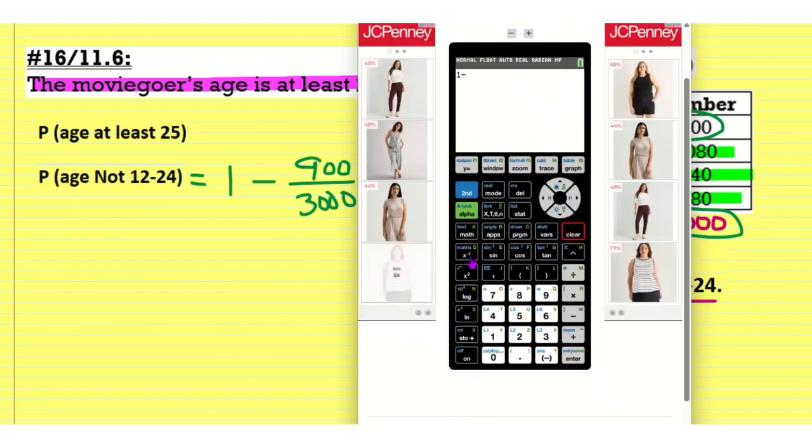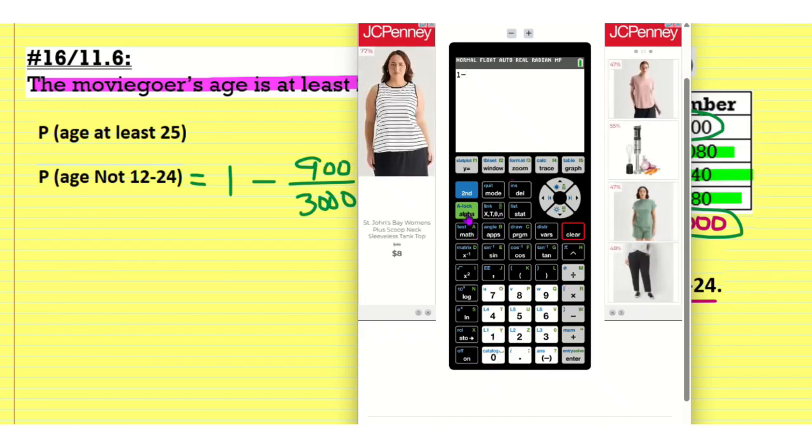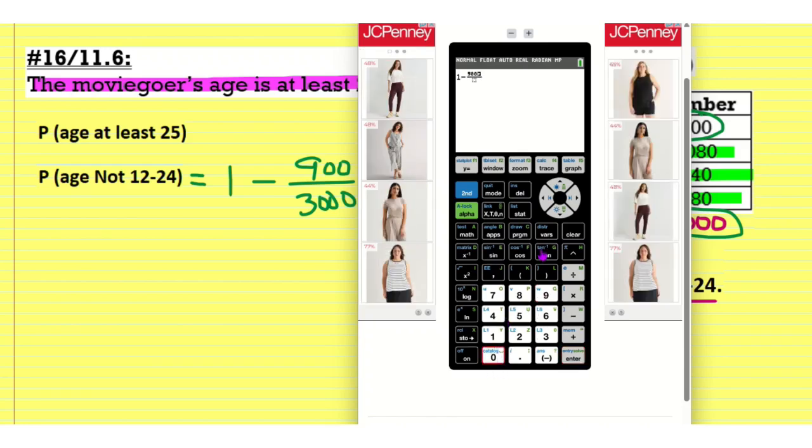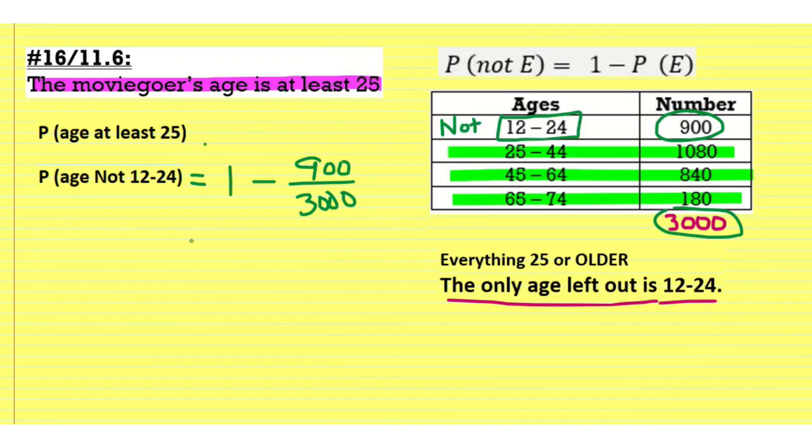And then I can bring up my calculator and put that in there. 1 minus the ratio of 900 divided by the 3,000. And that gives me a ratio of 7/10. So the probability that the moviegoer's age is at least 25 is going to be 7/10.